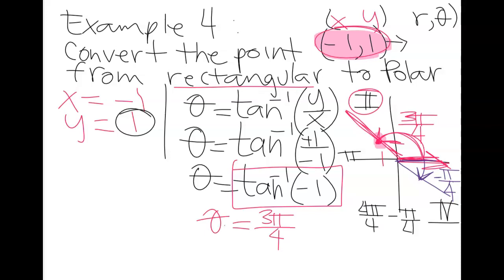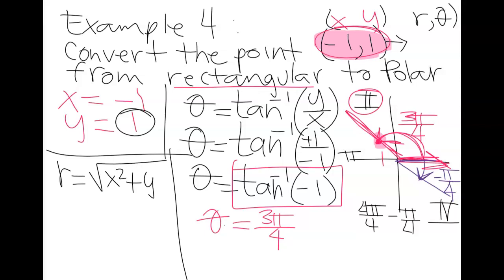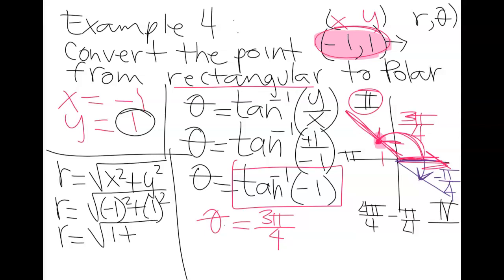Now, to find r, we will use the square root of x squared plus y squared. So r is going to be the square root of -1 squared, that's x, plus +1 squared, that's y. And this will be the square root of 1 plus 1, which is the square root of 2.